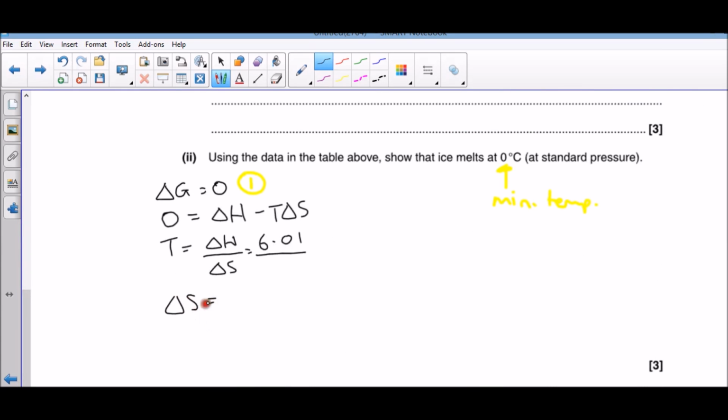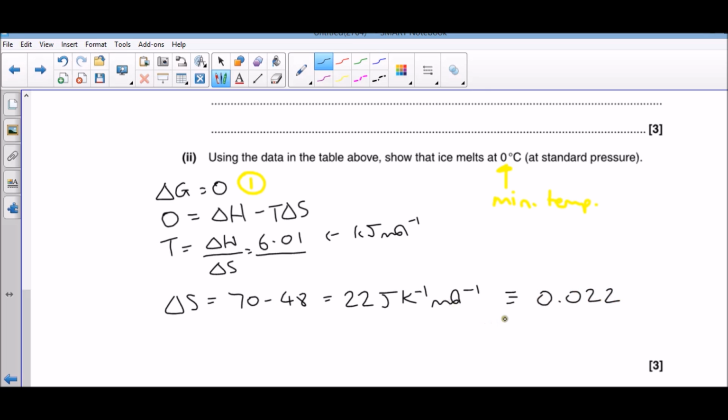To calculate delta S, we do 70 take away 48, and that gives us 22 joules per Kelvin per mole. Obviously, delta H here is in kilojoules per mole, so we're going to need to convert delta S into the same sort of unit, so into kilojoules. So we're going to have to divide it by 1,000.